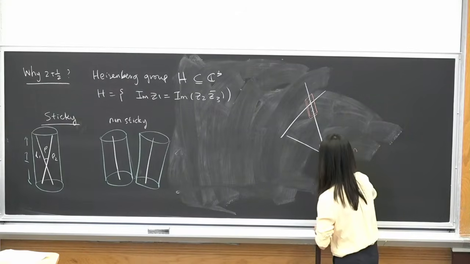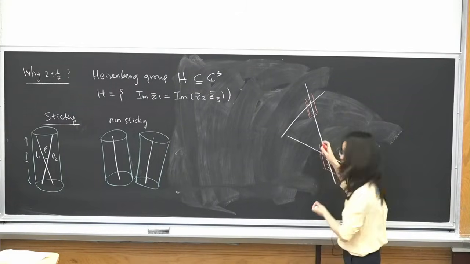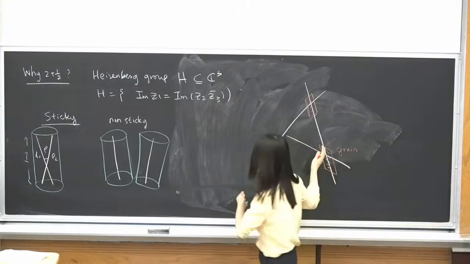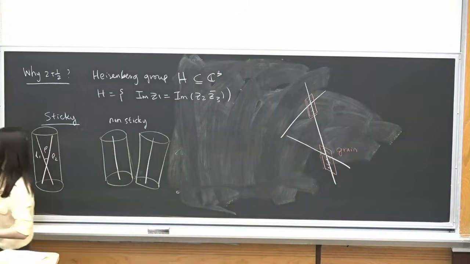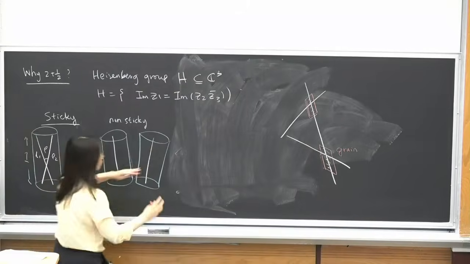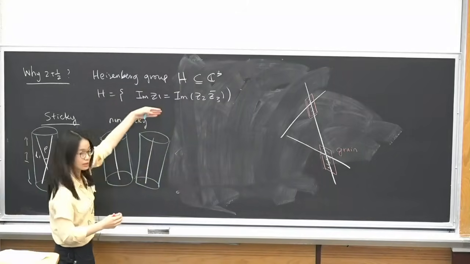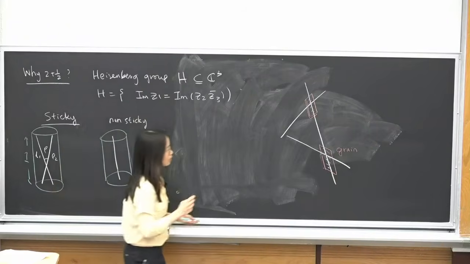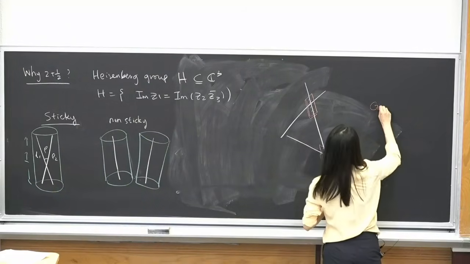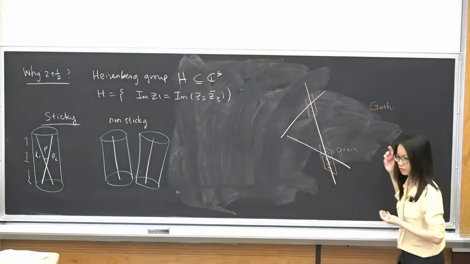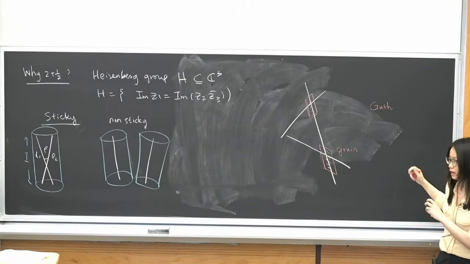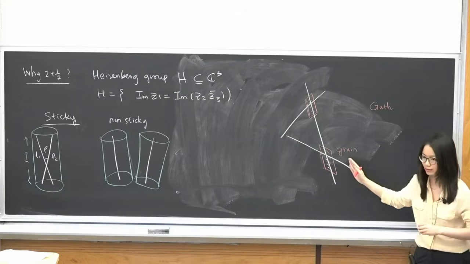So people knew this picture before, and this picture appeared in the work of Katz-Laba and Tao. This picture also appeared in this example if you spend some time to calculate this example. And this picture also appeared in the work of Guth, where he showed that if you have a hypothetical counterexample to the Kakeya conjecture, then it should look like this.